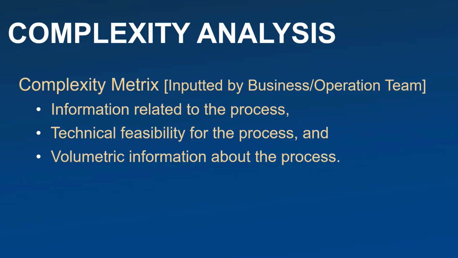Like I told, once your process is feasible, you need to let the client know how much time you are going to take to deliver this project. This is where complexity metrics comes into the picture. Complexity metrics is just a kind of input which either the business or operations team fill in for you.